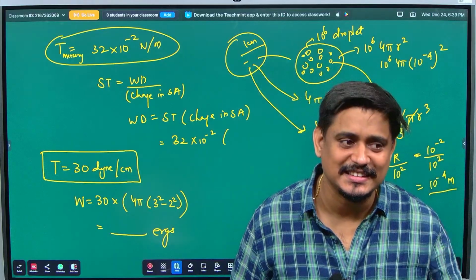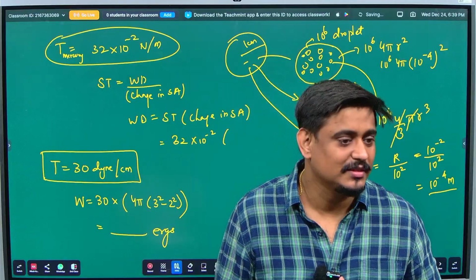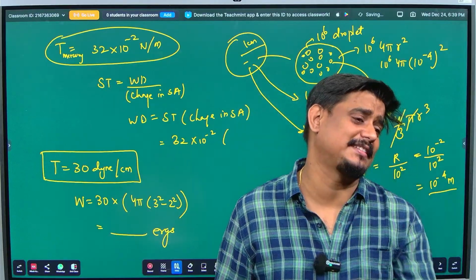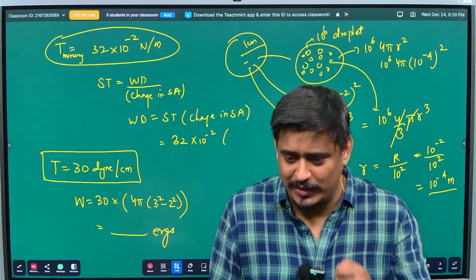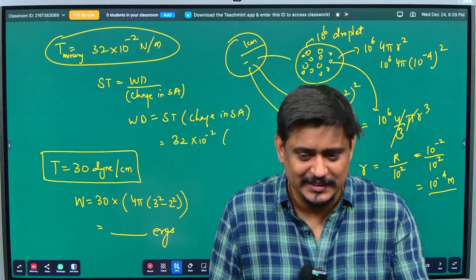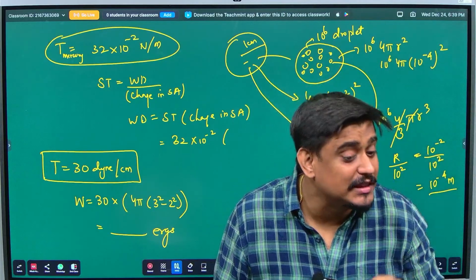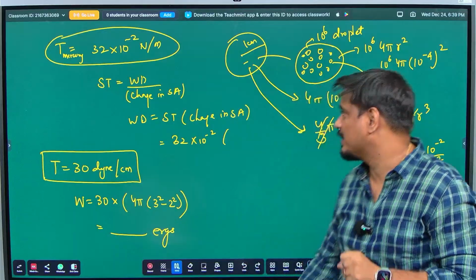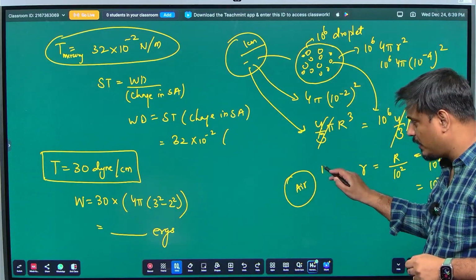It will have two surfaces. It's a soap bubble. I hope you have seen a soap bubble, played with soap bubbles at one point of your time. Taking the thing and blowing air, the bubble comes out. How many surfaces will it have? Why do I say two surfaces? Because inside air, soap, air.